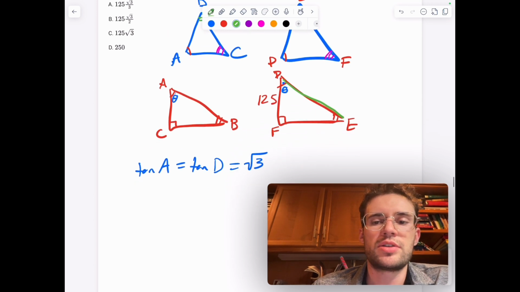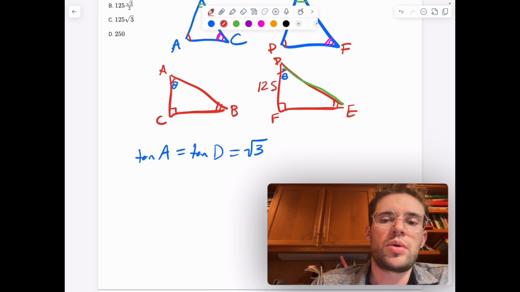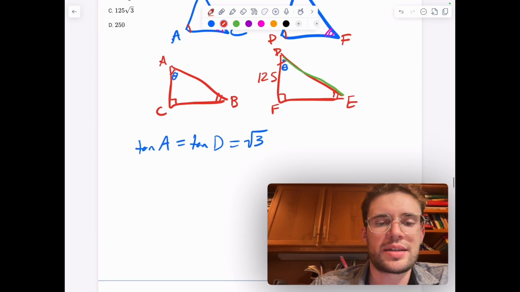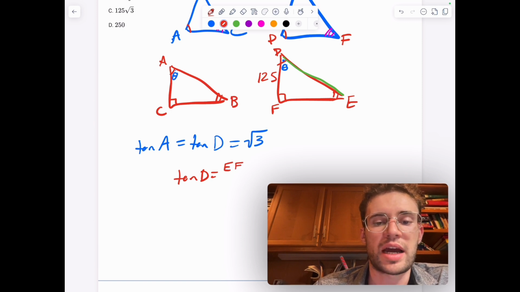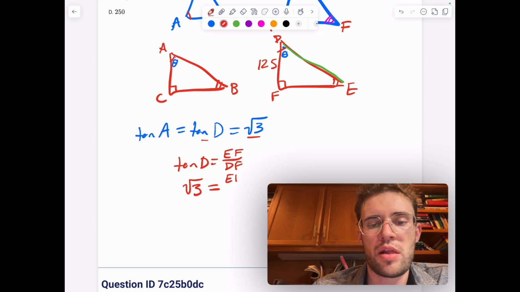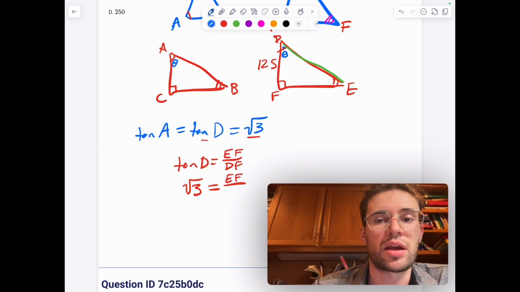To find that hypotenuse, using this tangent part, tangent of D is equal to EF, which we're not given, over DF. And tangent of D, we just said, is equal to the square root of 3. So the square root of 3 equals EF over 125. That was the given, this DF value right here.